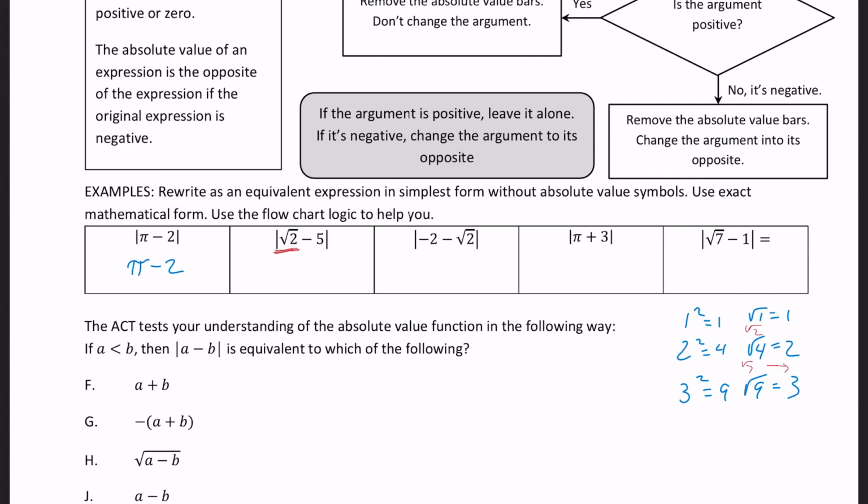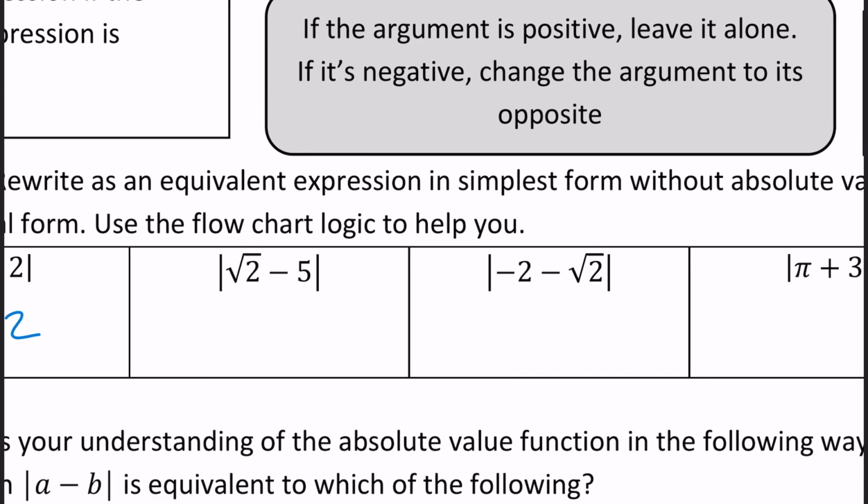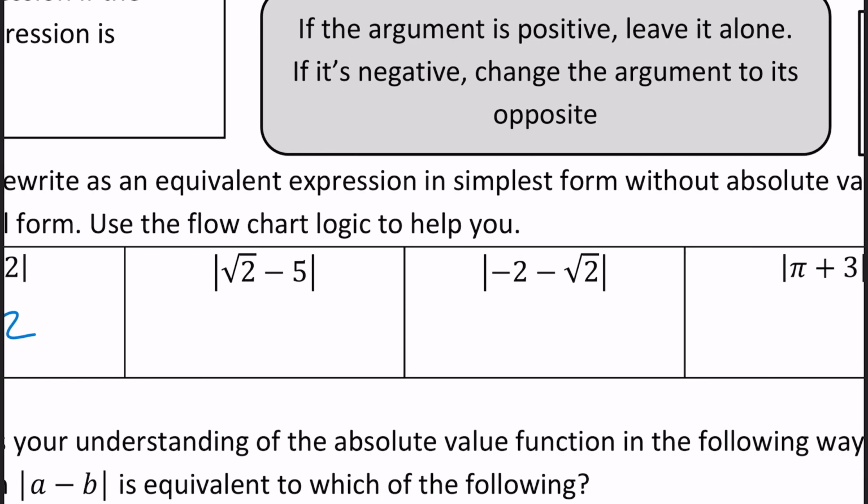So when I look at this statement here, then I feel confident to tell you that the square root of 2 is smaller than 2, and take away 5, that's got to be a negative. If the argument is negative, then change the argument to its opposite, meaning when I remove the absolute value bars, it won't be the original argument, it'll be the opposite.